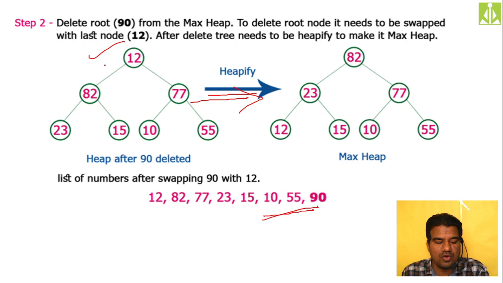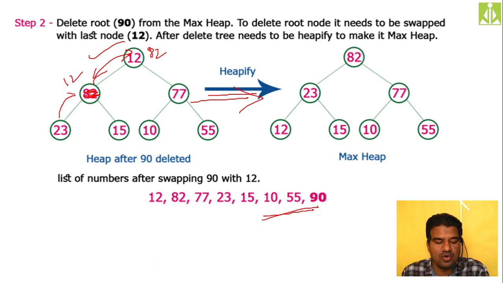So 82 will go up and 12 will come down. 12 will come over here, 82 will come over here. Then on this side no need to change anything, only this side you do. 12, 23, 15. This is already shifted, don't consider this one. Which one is greater? 23 is greater.